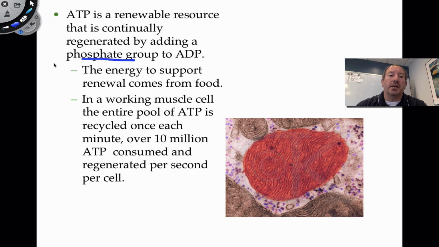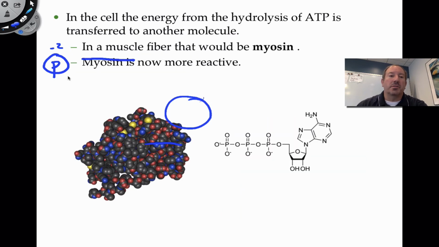The phosphate is a negative functional group, and it attaches that to ADP, and ADP doesn't really want it because those phosphates are negatively charged, so it takes a tremendous amount of energy to do it. So that's the reason why we are eating food, is to provide that, and also a source of atoms as well. But the phosphate attaches onto it, and you make ATP, and look at this, millions of it are consumed per second, so it's kind of staggering.